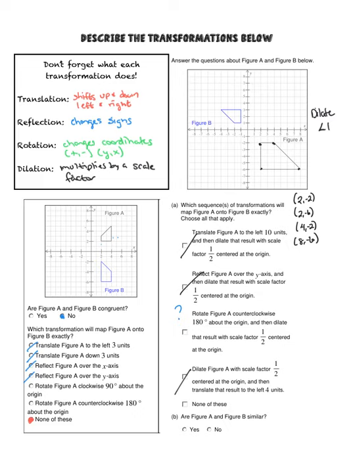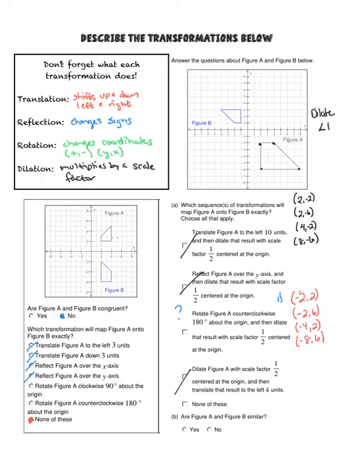Okay, let's do this in 2 steps. Step 1, rotate. Remember when you rotate 180 degrees, you simply change the signs. My points become (-2, 2), (-2, 6), (-4, 2), and (-8, 6).